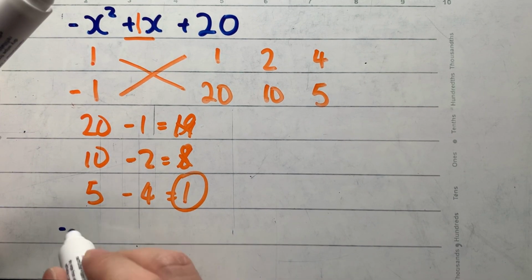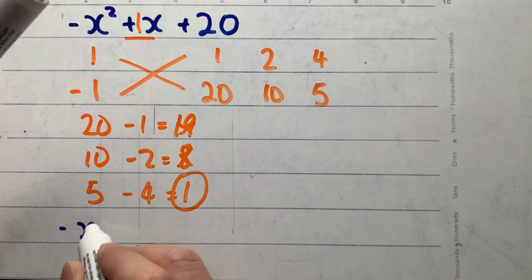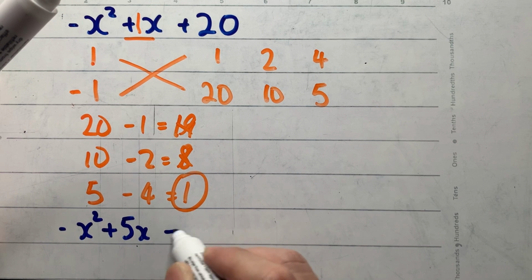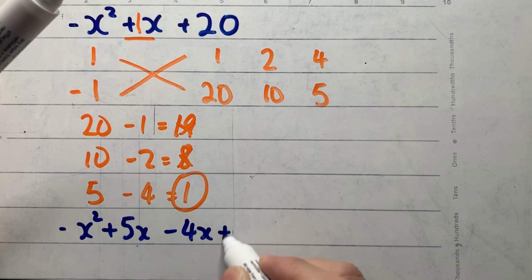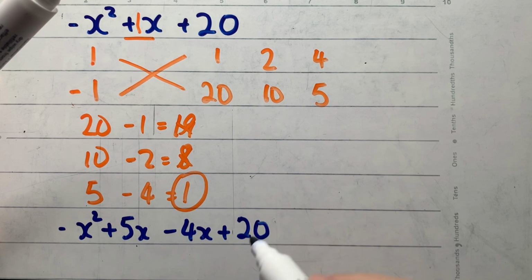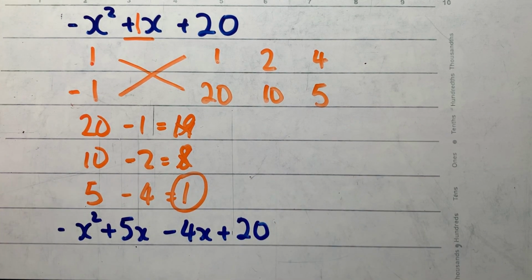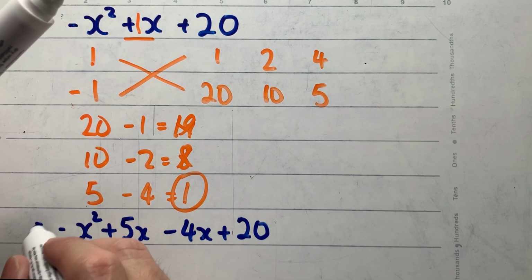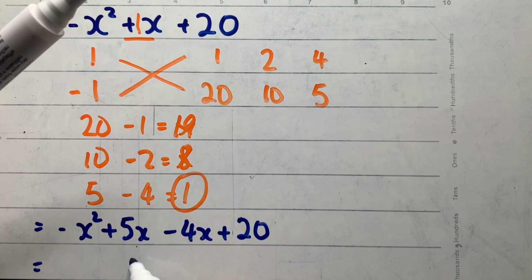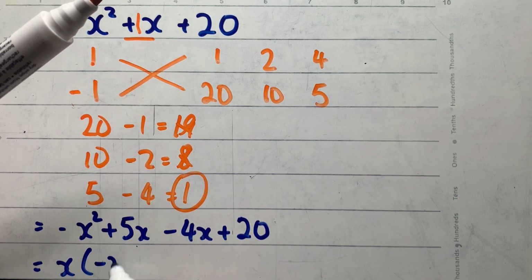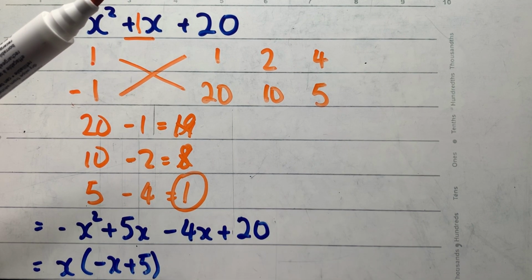So it'll be minus x squared plus 5x minus 4x plus 20. Well, what's common here? You can say it is the x, which left you with minus x plus 5.